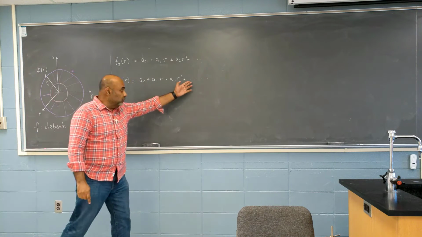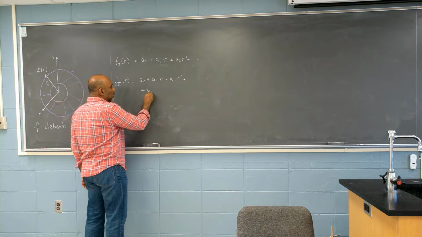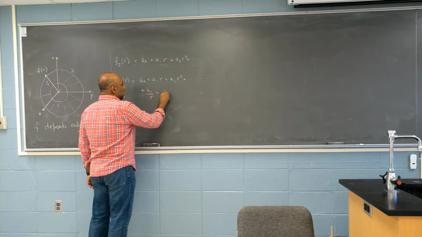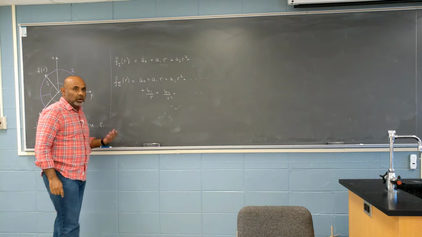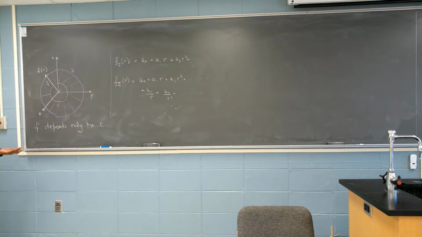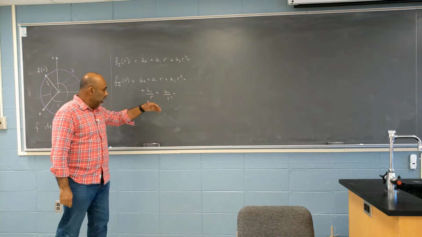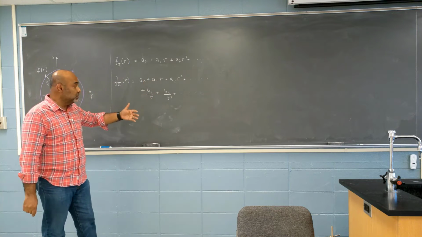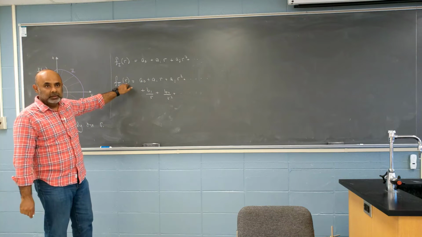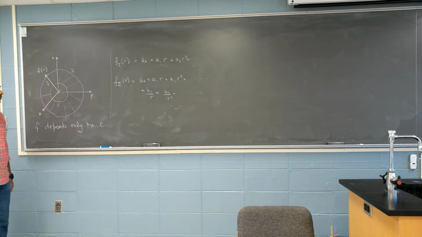This better be a convergent sequence, of course, plus b1 over r plus b2 over r squared. Because both r equals 0 and r equals infinity are not included, all of these terms are well defined. And once again, the coefficients should be such that this series can be summed, and indeed, we obtain f as a function of r in this region.